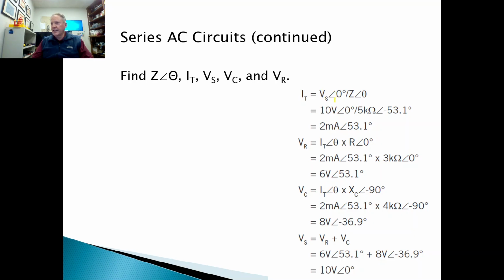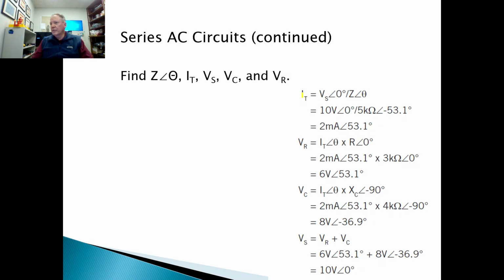So VS at 10 at 0 divided by 5K at negative 53.1, and again, we're still in polar mode, hit equals, and it will say 2 milliamps at an angle of 53.1. Because remember, in polar we take 10 divided by 5K is 2 milliamps, and then 0 minus a negative 53 gives us a positive 53.1.